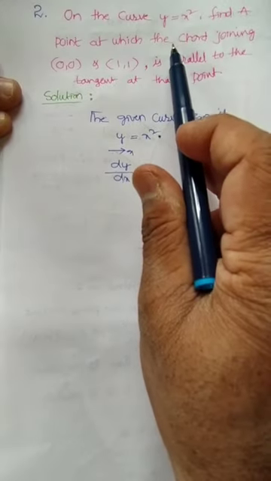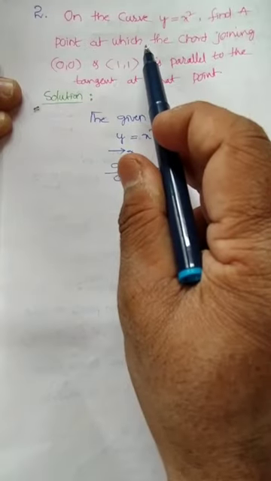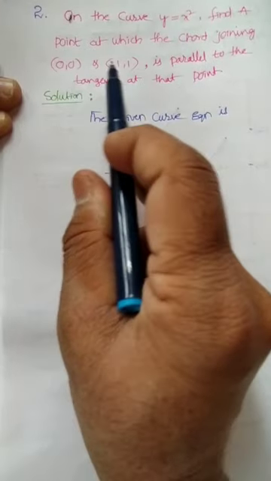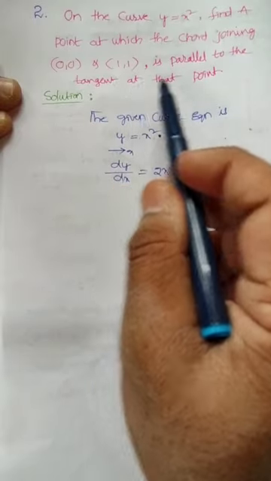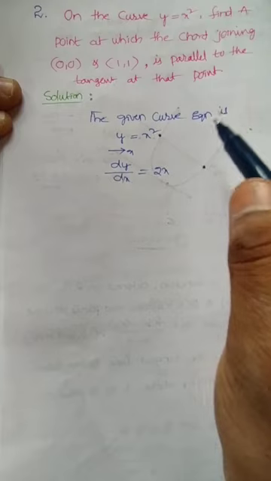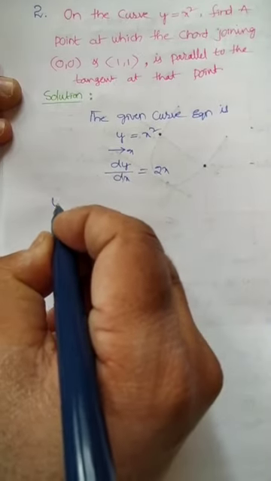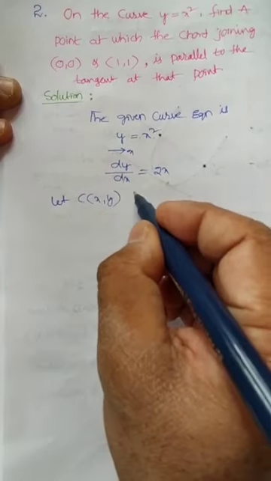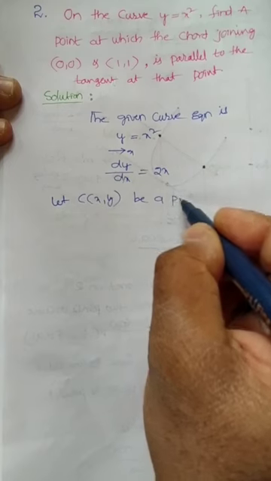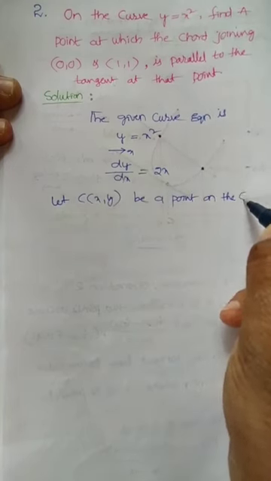So observe the question. We have to find the point at which the chord joining is parallel to the tangent line at that point. So let us suppose that C of x comma y be a point on the curve.